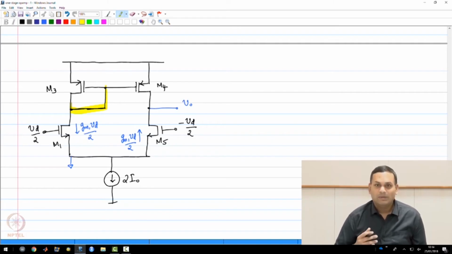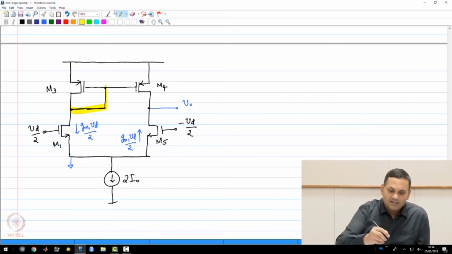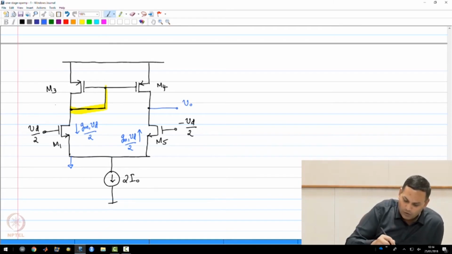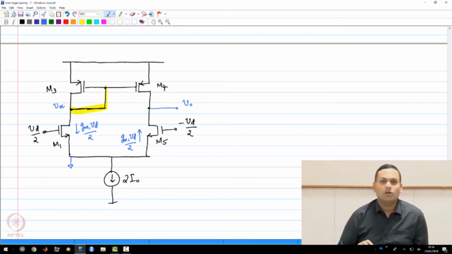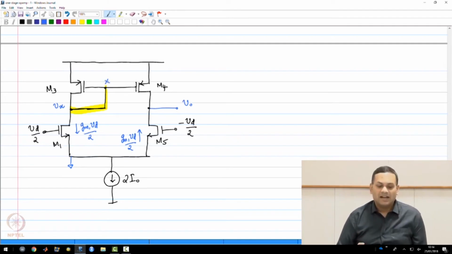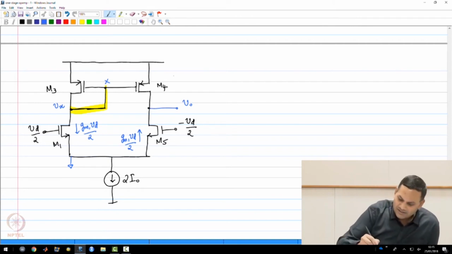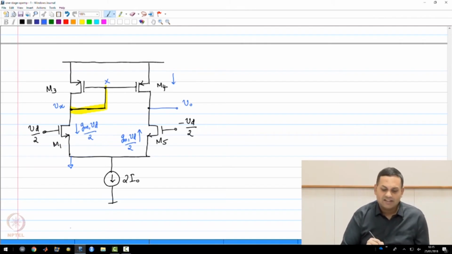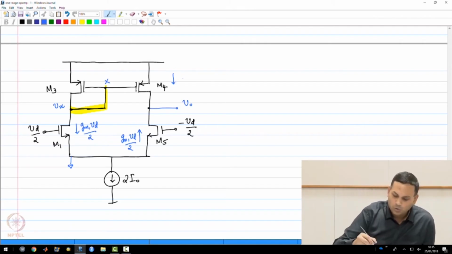Again, you will be able to see this if you draw the small signal equivalent circuit, which we are going to do presently. But the point is that this node will now have some small signal voltage. I am going to call that node X. This node is going to have a small signal voltage Vx that is developed, and this is going to cause a small signal current to flow through device M4.